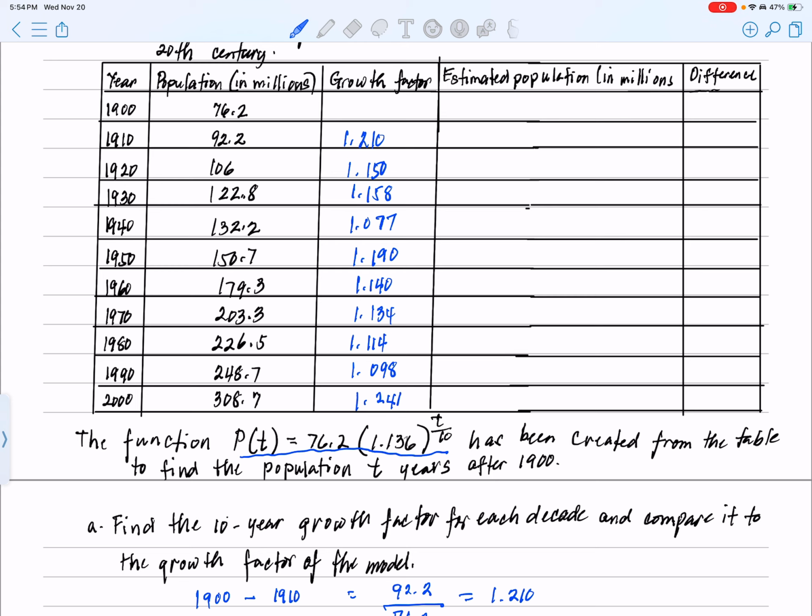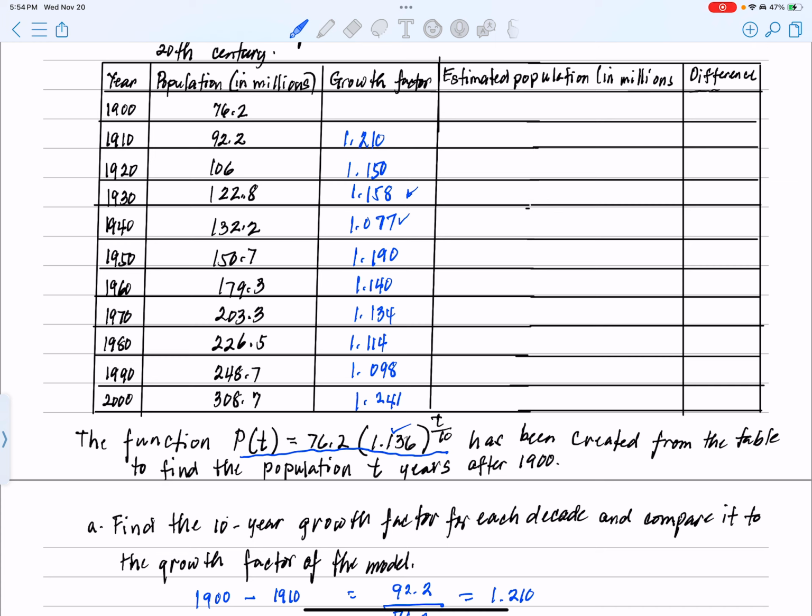1.136. This is the growth factor of the model, which is larger than the growth rates from 1930. So what are the growth rates from 1930 to 1940? We have 1.158 and 1.077.